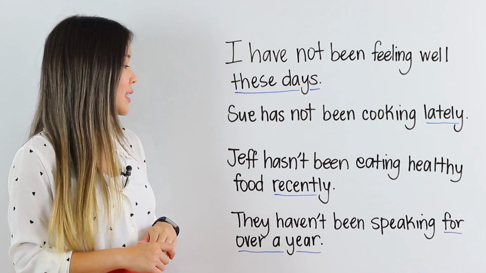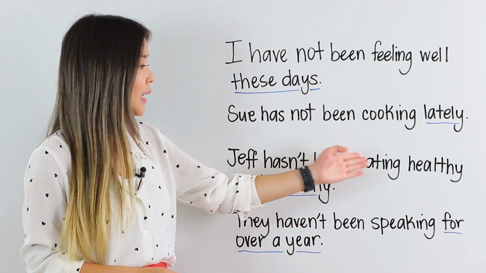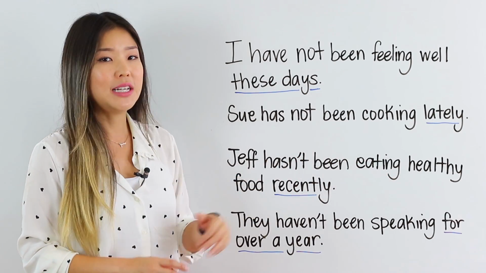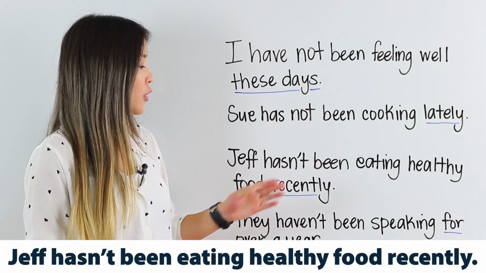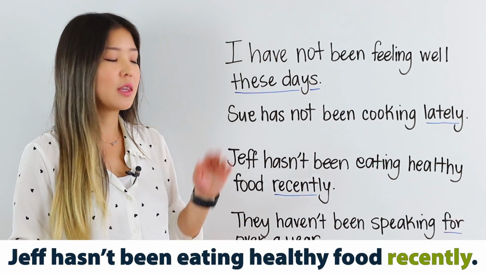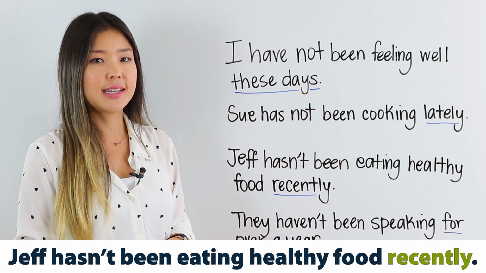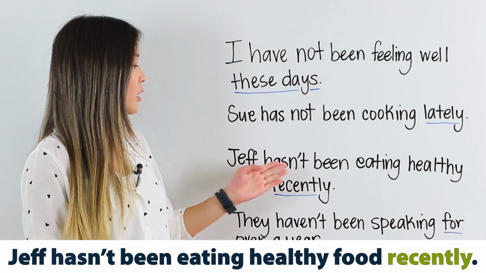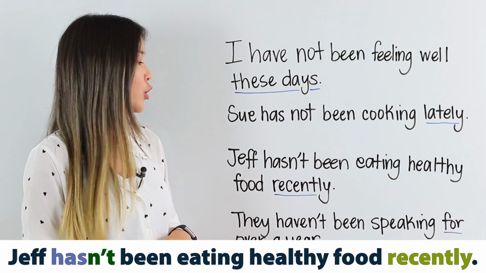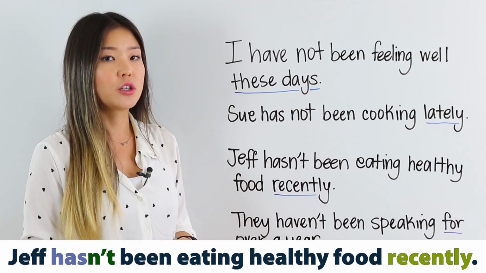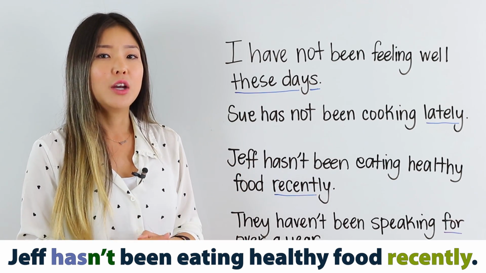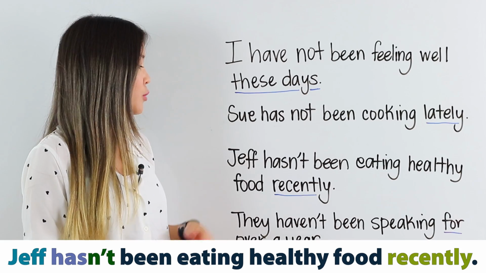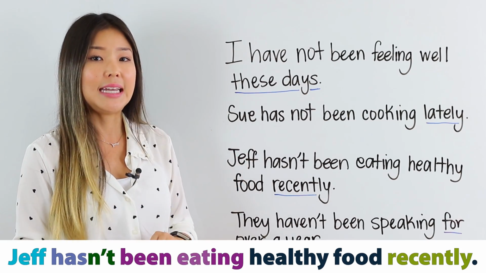The next sentence says, Jeff hasn't been eating healthy food recently. Again, the recently can be used at the beginning or end of this sentence. We have the contraction hasn't here for you. Hasn't is a contraction for has not. We have has because the subject is Jeff, which is a he.